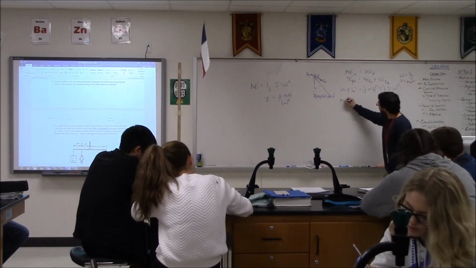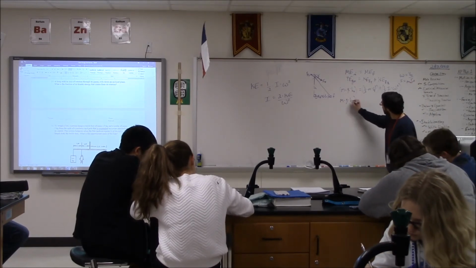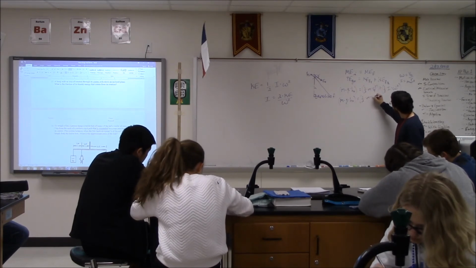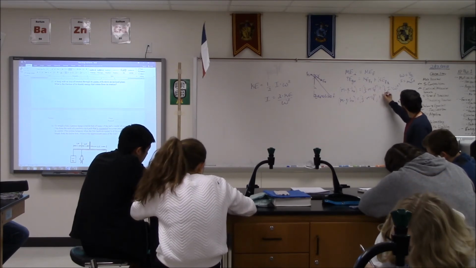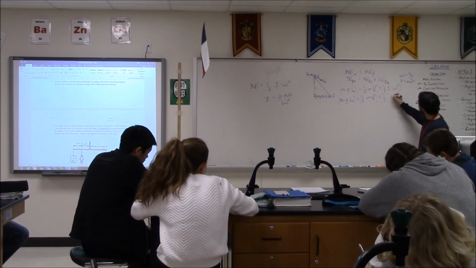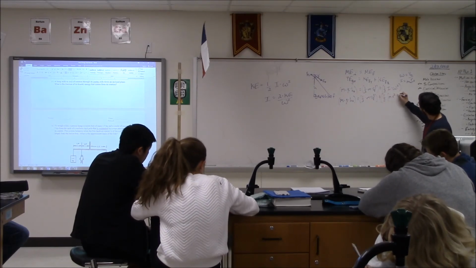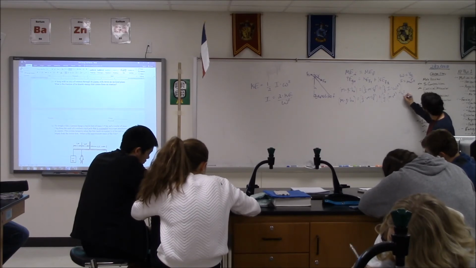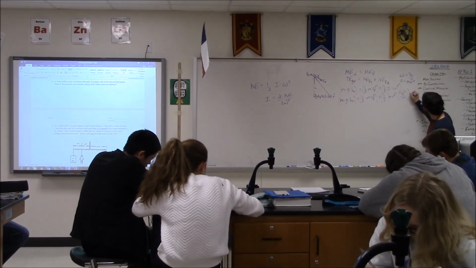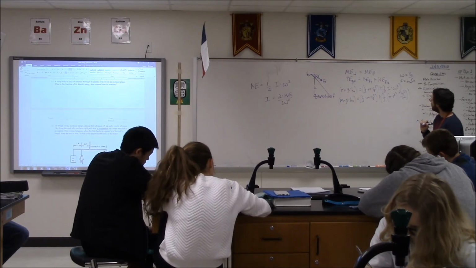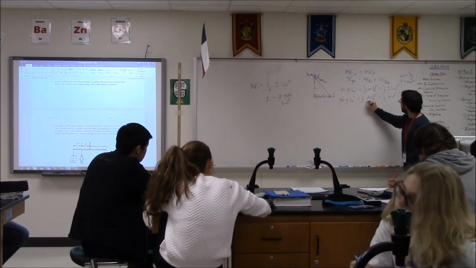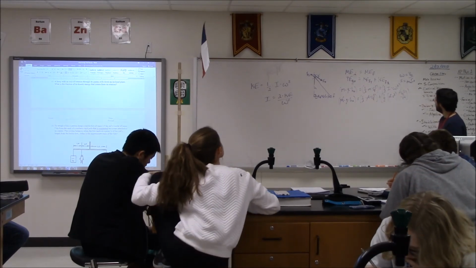So we're going to get m times g times h naught equals 1/2 m times v final squared plus 1/2 times mr squared times v tangential squared over r squared. Everybody brought mass to the party, so that goes away.